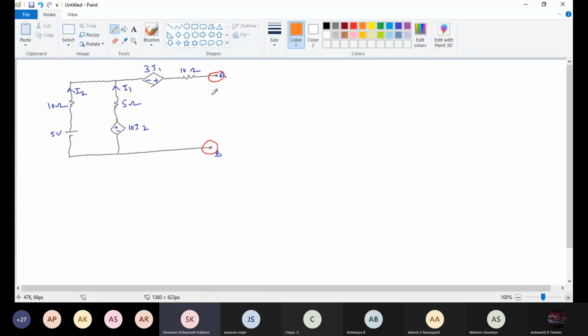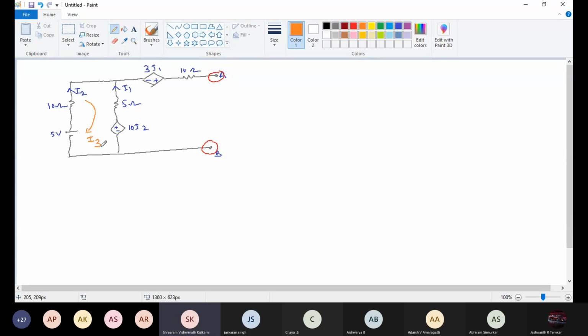Here one loop is there, so one loop current. I'm going to mark this one as I3, or we can name this I3 as IX or IA, whatever, just naming is different. I am marking this loop current as I3. I2 is the branch current, I1 is the branch current, I3 is the loop current.